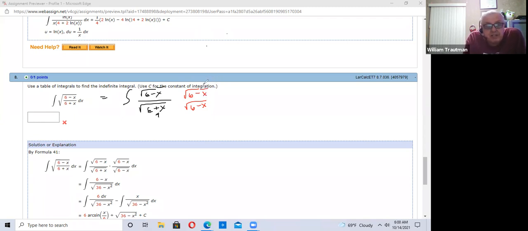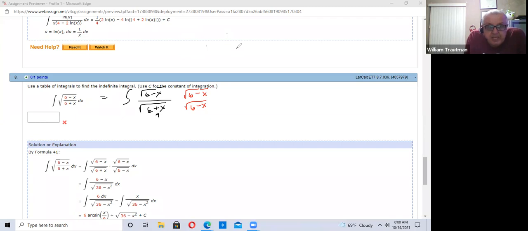Well, we're not necessarily using the integral table, use C for constant. And they're saying 41, but if you look at 41, it's kind of important to see that 41 has the square root, but we need an a squared and a u squared.